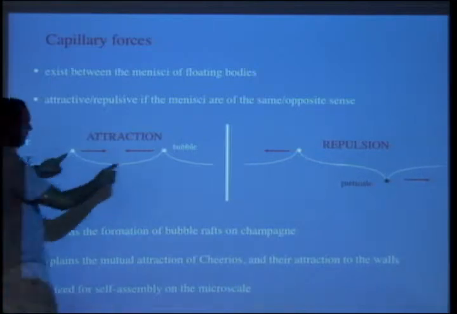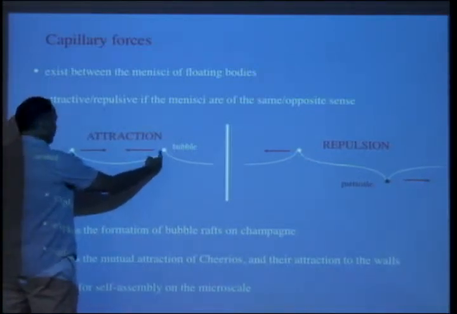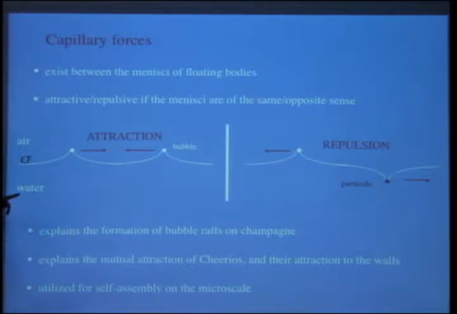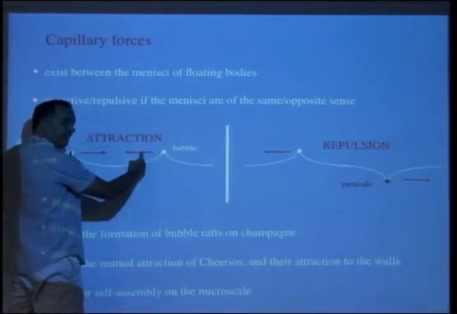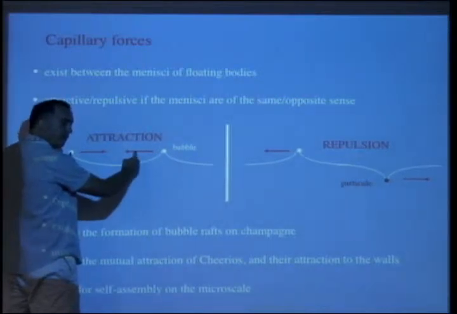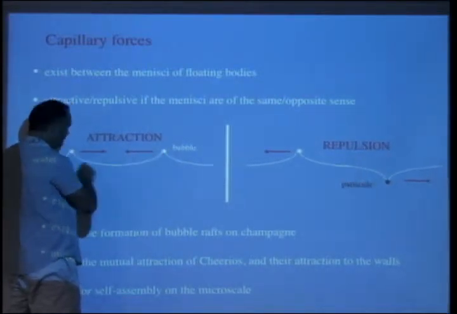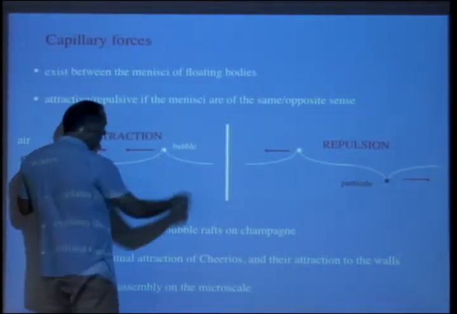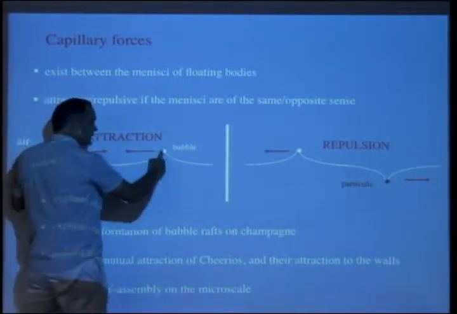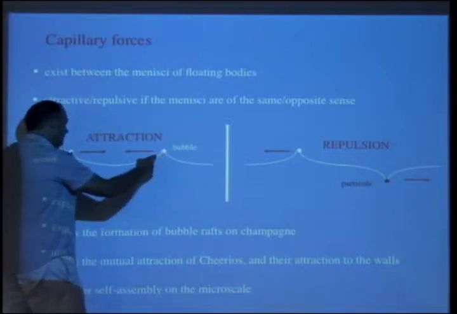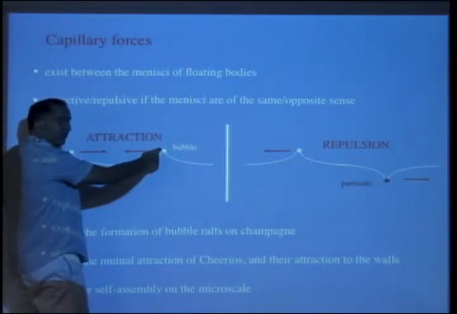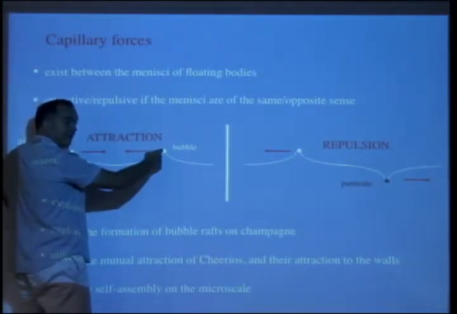If we have these two bubbles here, we can compute the total energy of the system, and if the total energy decreases if they move together, then they will move together. So what you want to do is calculate the energy in the system as a function of the position of the bubbles, and then the gradient of that energy as a function of x will give you the force acting on them.